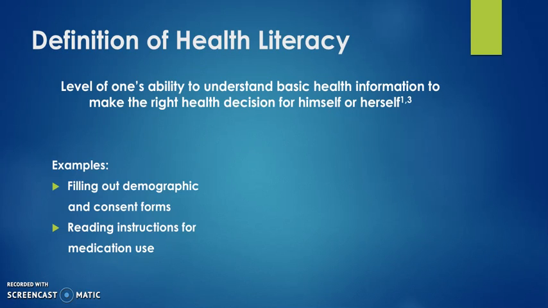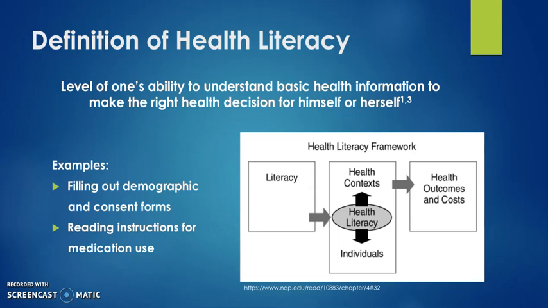It could also include numeracy, which may be calculating how many pills you need to take in a day, or understanding your lab results. As you can see from this diagram, health literacy is influenced by general literacy skills, an individual's knowledge and experiences, and the health contexts. This can lead to certain health outcomes and costs, which would categorize health literacy as a social determinant of health.